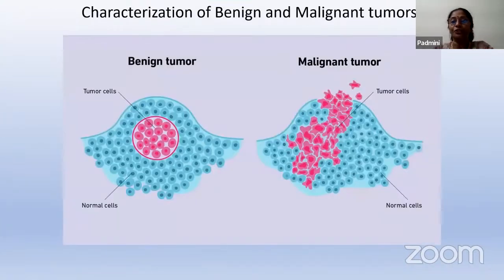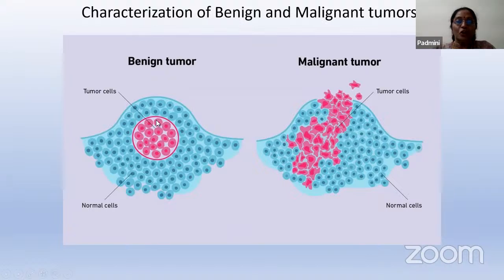Now, characterization of benign and malignant tumors. Now we'll talk about how you differentiate between a benign tumor and a malignant tumor. So if they ask you a question to characterize benign and malignant tumors, you're going to talk about this. In this picture, in the benign tumor, there is a normal cell, and in between there's a tumor cell.